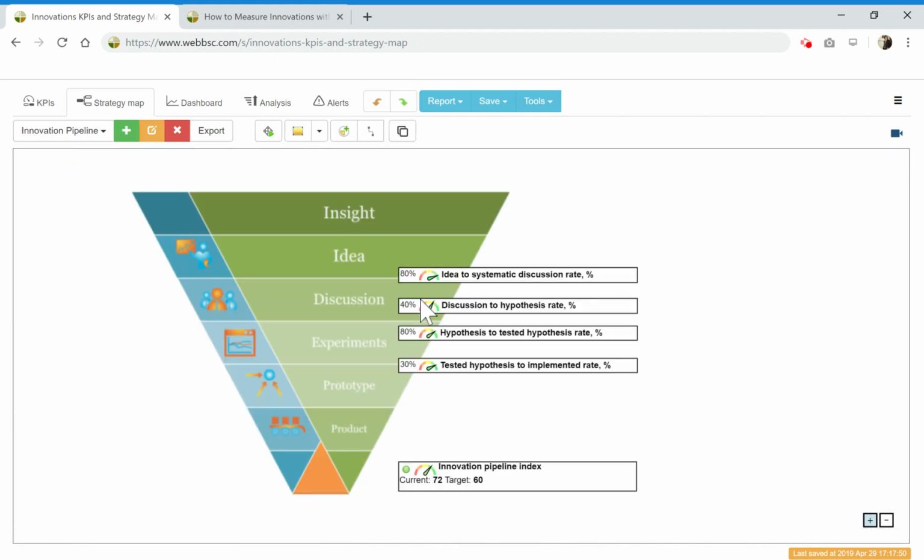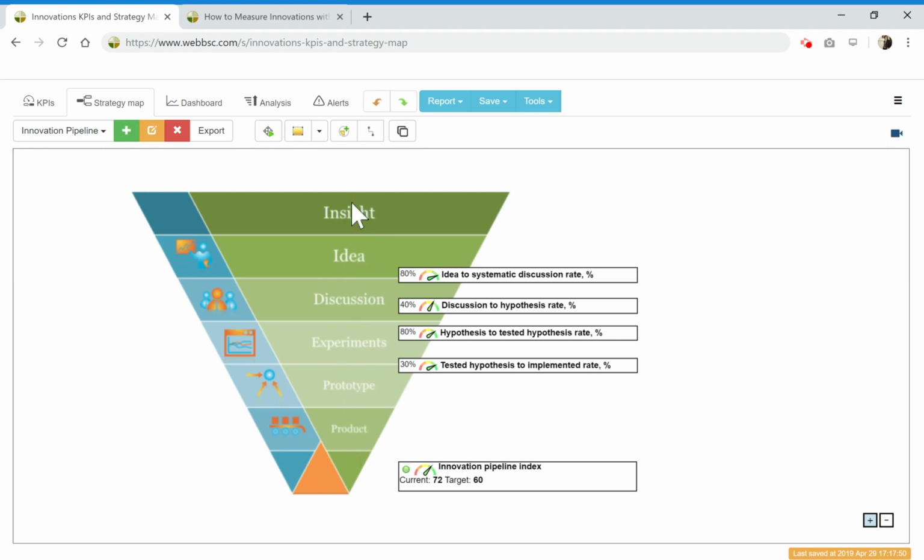And getting back to this picture, a general rule is that the success of innovation is defined by how fast you move from here to here, and what is the conversion rate on these stages.